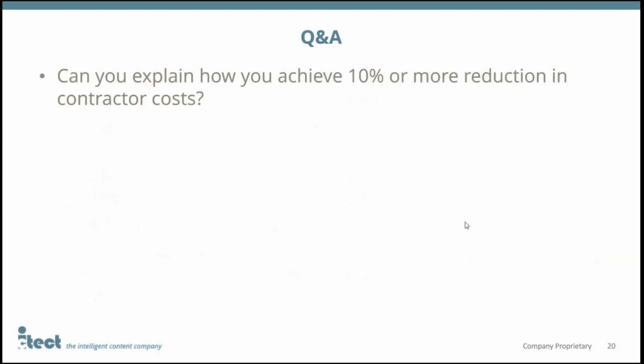Okay, let's get the next question. I'll take this one real quick. All right, can you explain how you achieve 10% or more reduction in contractor costs? All right, so through icTools and our software, we're able to automate routine and repetitive tasks. It also reduces the amount of time that contractors are going to need to spend on document creation and management.